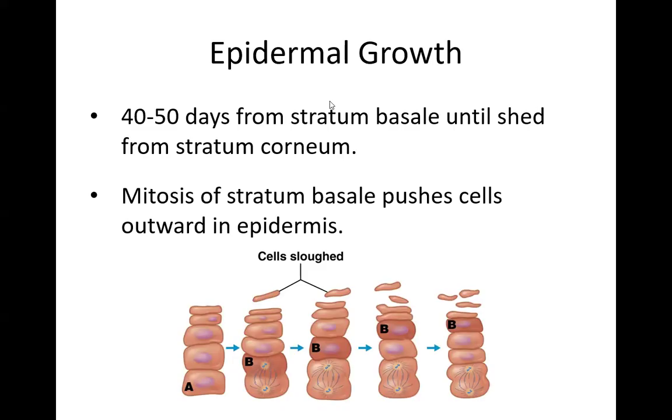Okay, so when we look at the epidermal growth, it takes 40 to 50 days from the stratum basale, from the basement, until they shed from the stratum corneum. So mitosis of the stratum basale pushes the cells outward in the epidermis. So we grow in an inverse fashion.